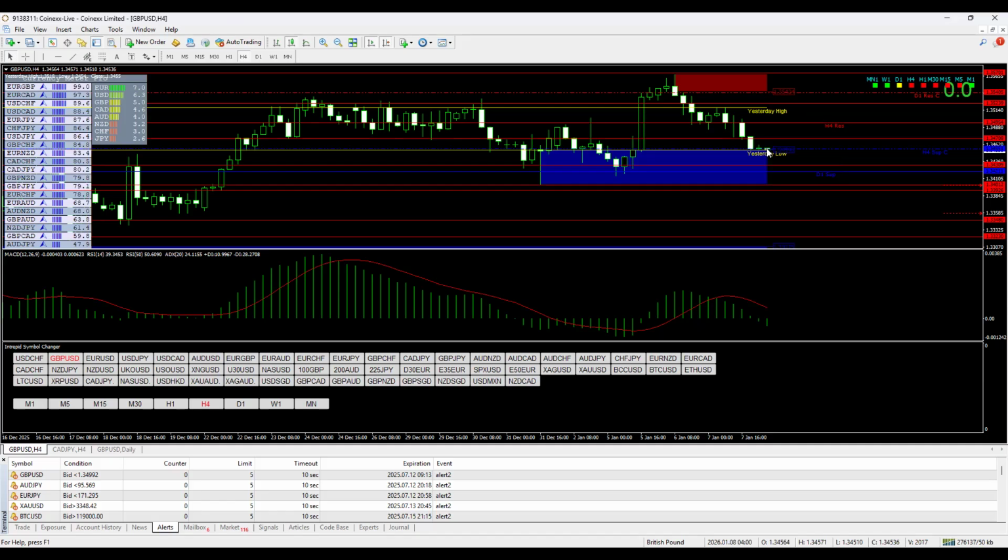So we look at here, and when we get ready to go to the momentum, somebody tell me what I'm probably looking at when I go to the momentum indicator. Tell me what I'm probably going to be looking at. Direction.